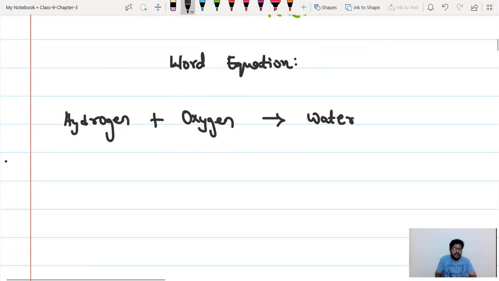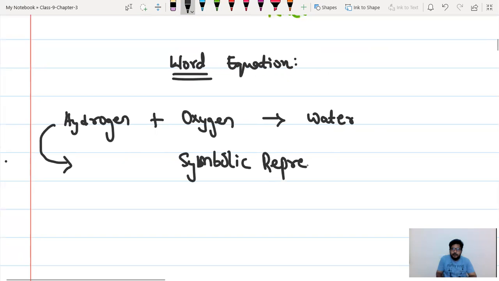Here we are not using any symbols, we are not using any formula, etc. Just we are using words, and this word equation can be converted to symbolic representation. This symbolic representation is known as chemical equation.